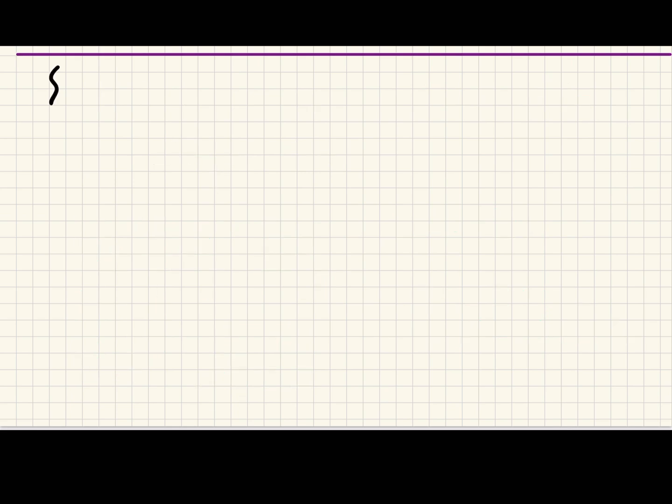Let's suppose that we have the integral of 4 minus 32x over the square root of 9 minus 16x squared dx.